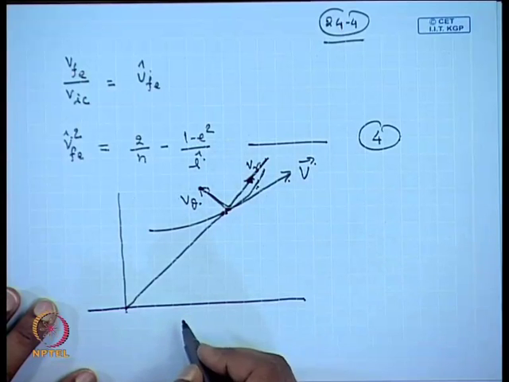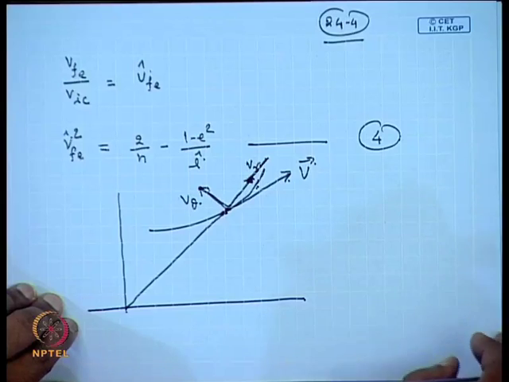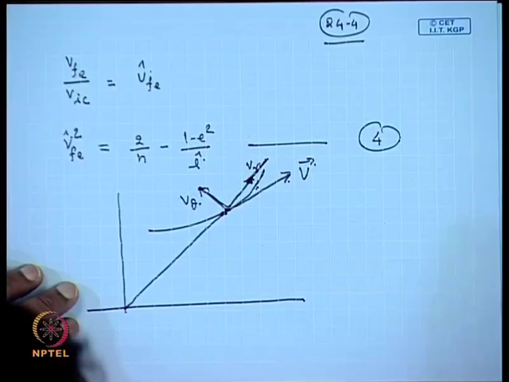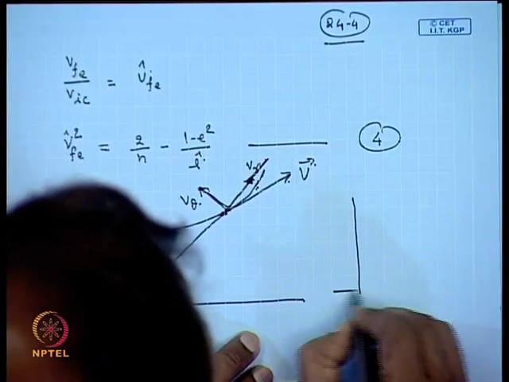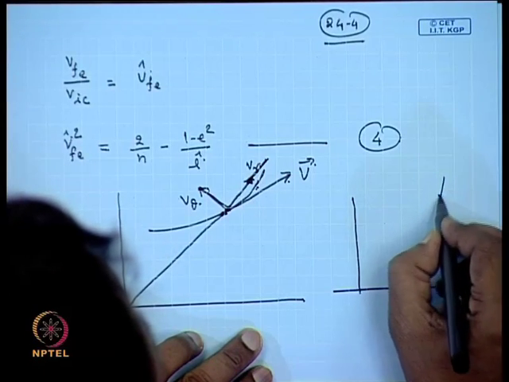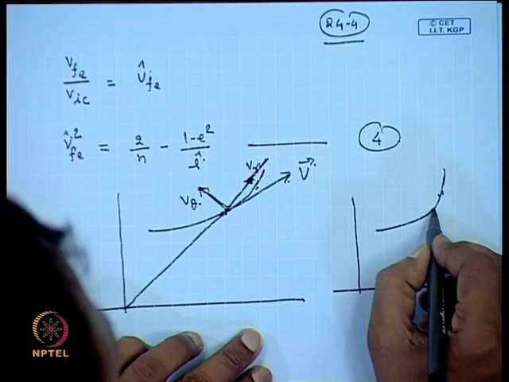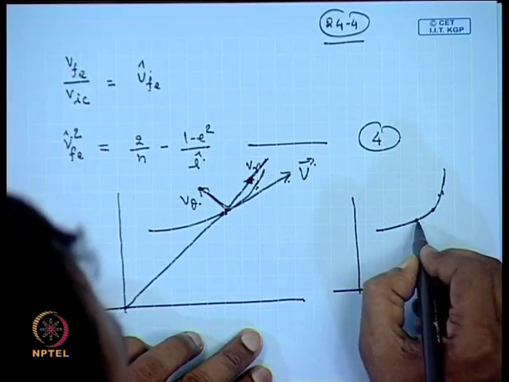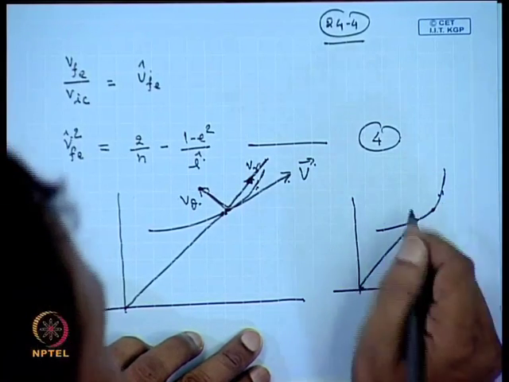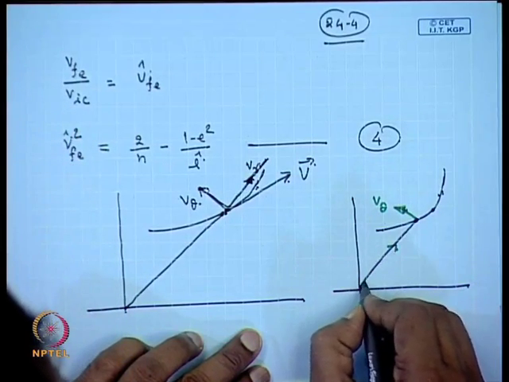This is the velocity vector V. We will do a new figure for this, as this figure is a little blurred. V theta is perpendicular to the radius vector. This is the radius vector here.